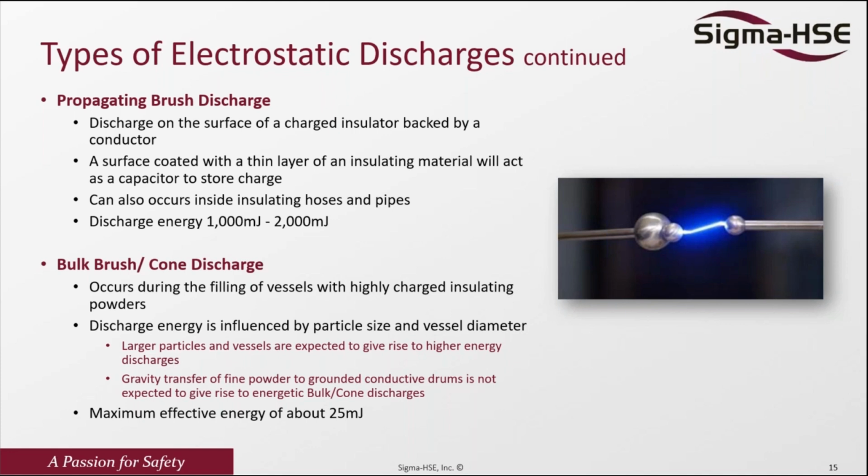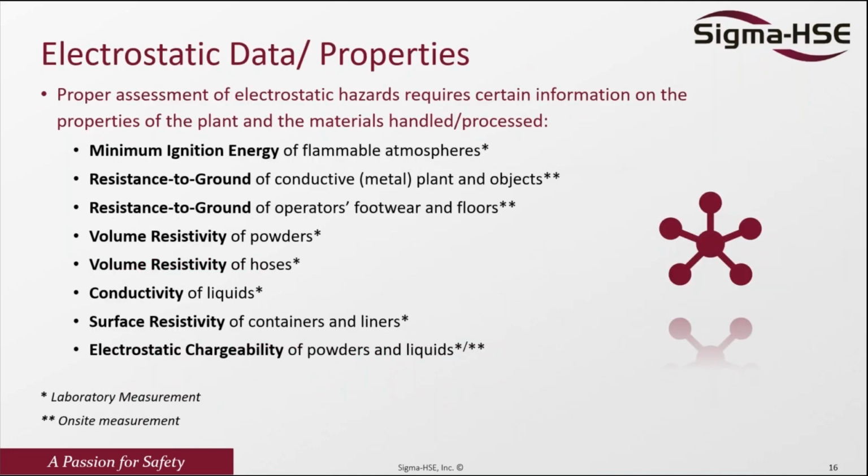Sometimes you can see some kind of luminous light inside the container in the form of a cone shape. And this can actually generate an energy up to 25 millijoules, and it can ignite gas and vapor. And usually it depends on the particle size, because bigger particle size will have more drop-in velocity, which will create more charges.